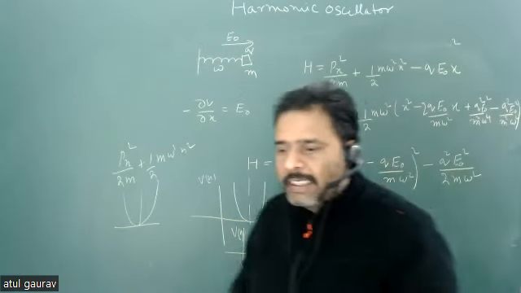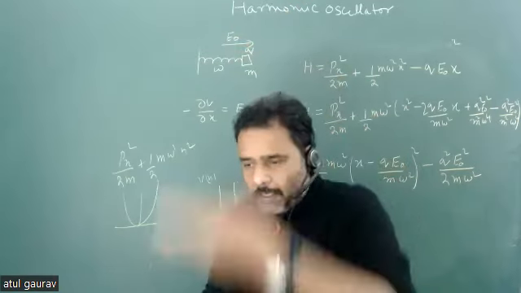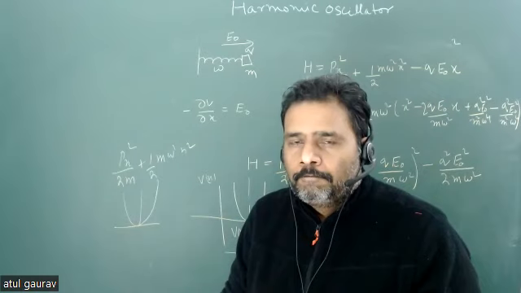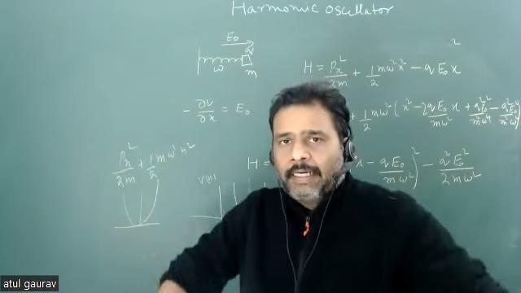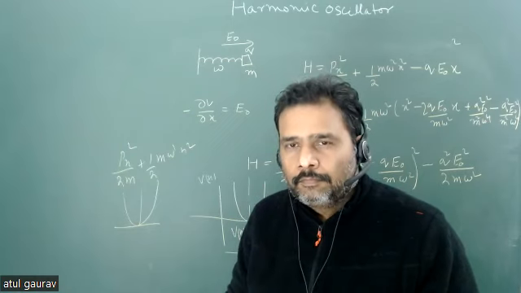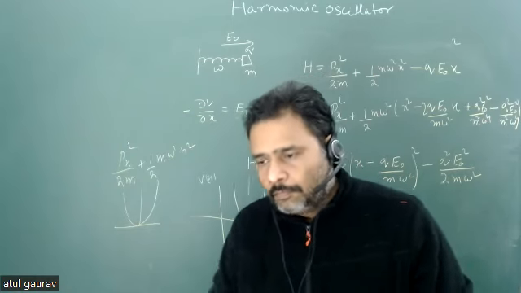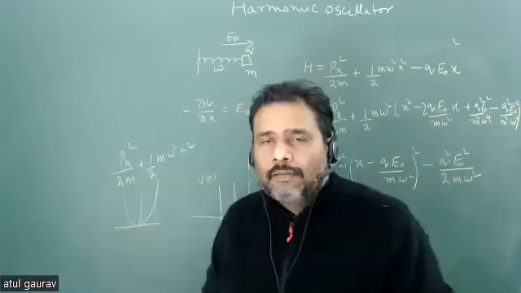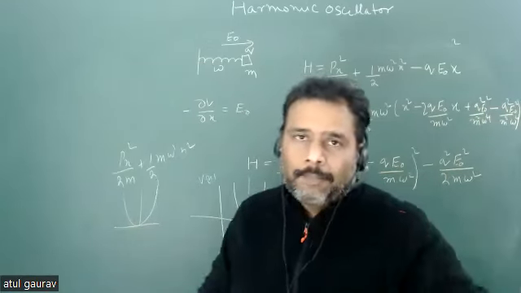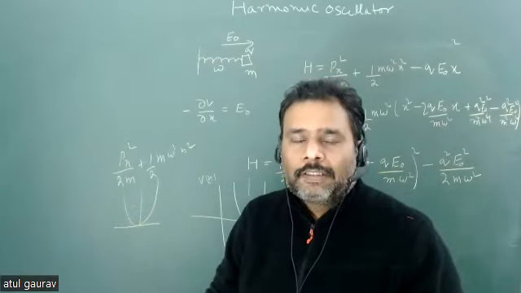So if potential is changing upward or lower, is that energy eigenvalue is going to change? Vertically change होने से energy eigenvalue change होता है? Give me answer. चेंज होगा. आपने देखा finite potential, infinite potential.